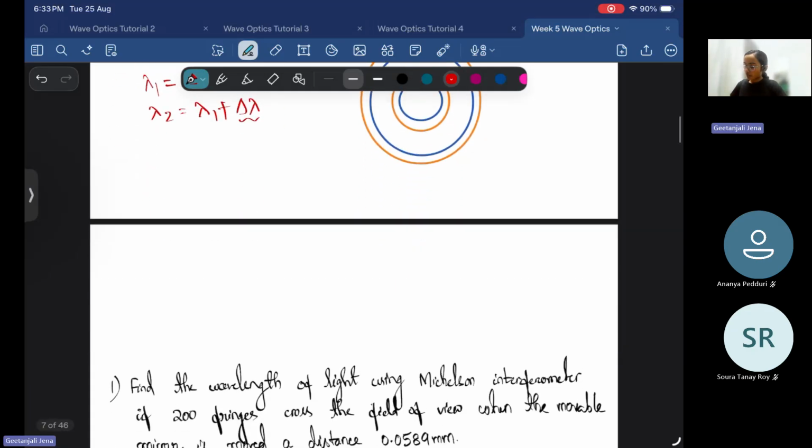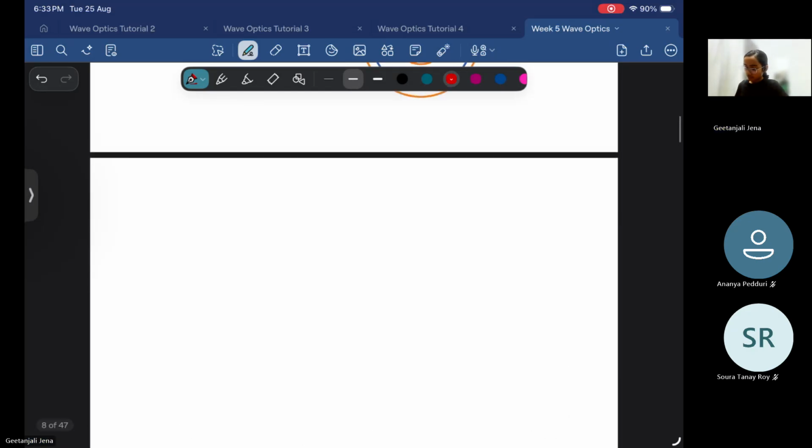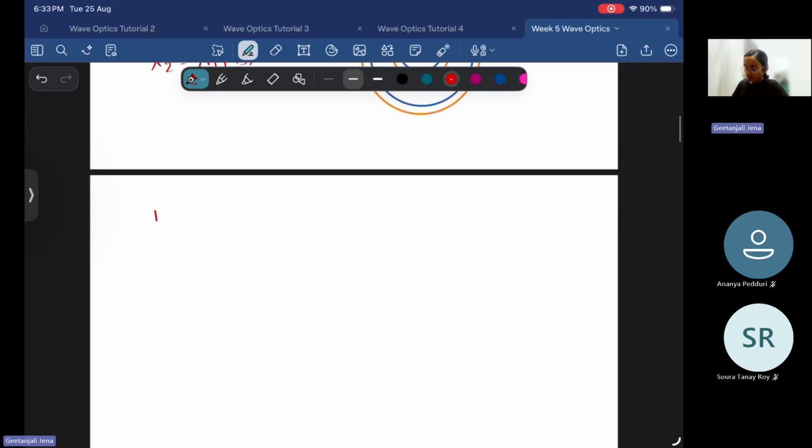So the resolving power, by definition, we say, is lambda over delta lambda, or delta lambda over lambda.